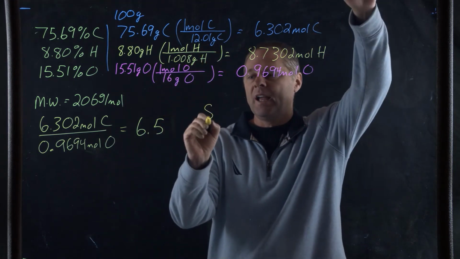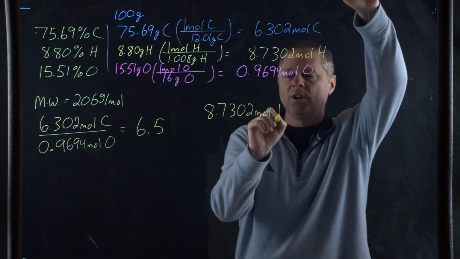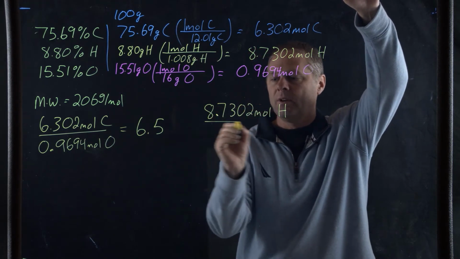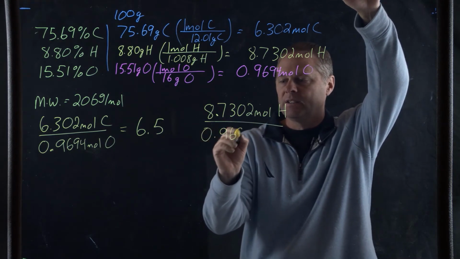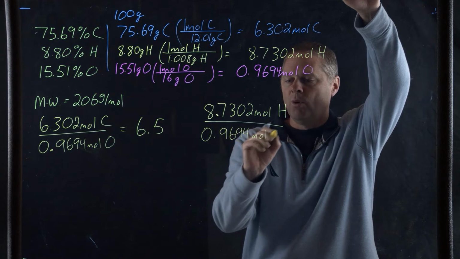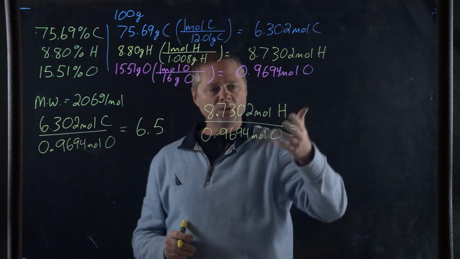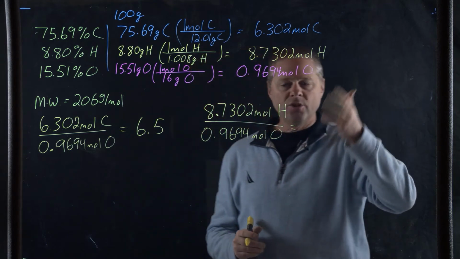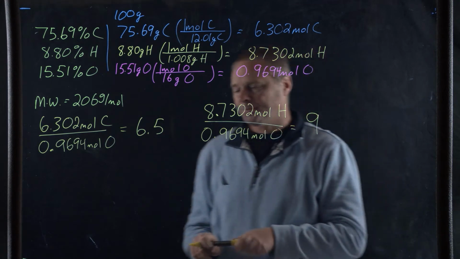We do the same thing with hydrogen. We take the 8.7302 moles of hydrogen and divide that by 0.9694 moles of oxygen. This ratio tells us the moles of hydrogen to the moles of oxygen, and we come up with 9.